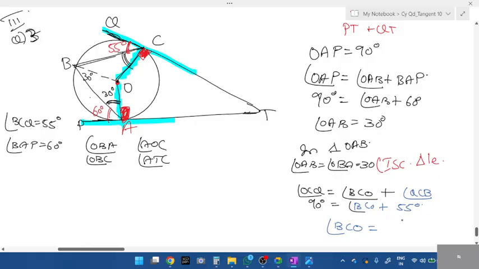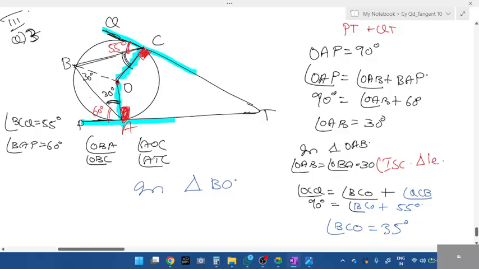45 or 35, Anya? 90 minus 55. 35. Fine. If BCO is 35, what about angle OBC, students? What about angle OBC? Well, that is also 35, right?